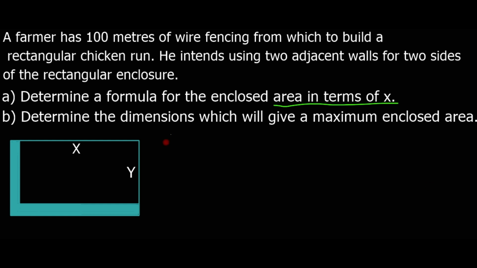First we know that area is length times breadth of a rectangle, but because they have given us that length is x and breadth is y, we have x times y, but we will have to find y because the question says we find our area in terms of x.